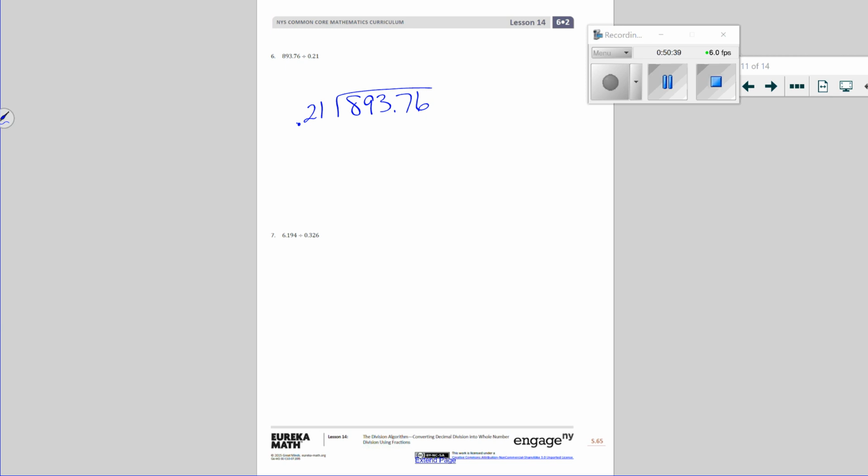But in order to solve it, I do have to get rid of this decimal. So I move it twice, meaning on the inside, I also move it twice. Is everybody okay with that? Given the way we've shown you in the fractions, do you understand why we're doing that? Hope so.